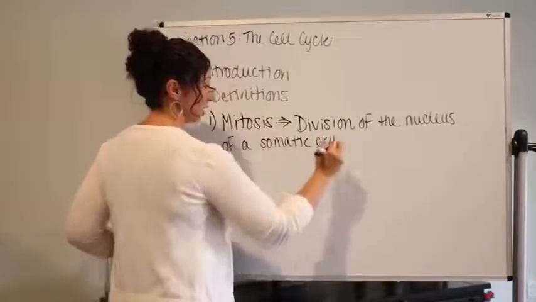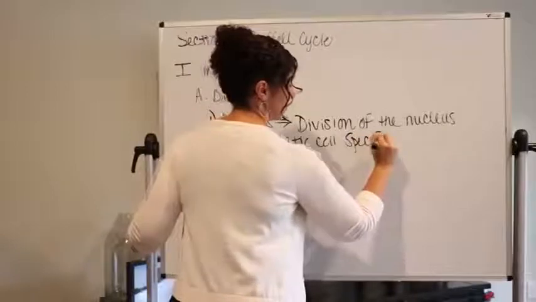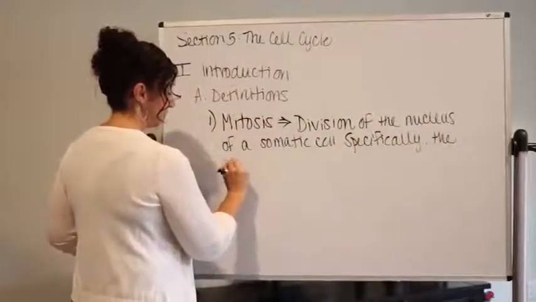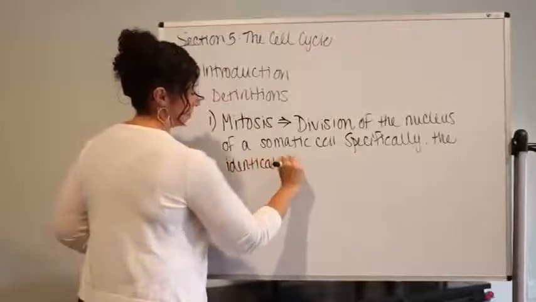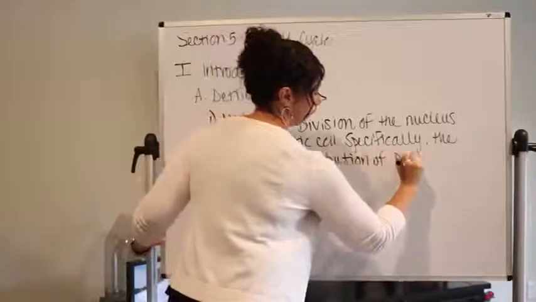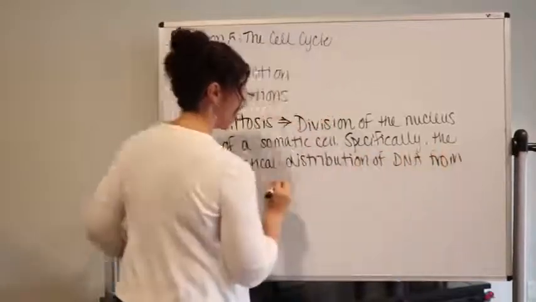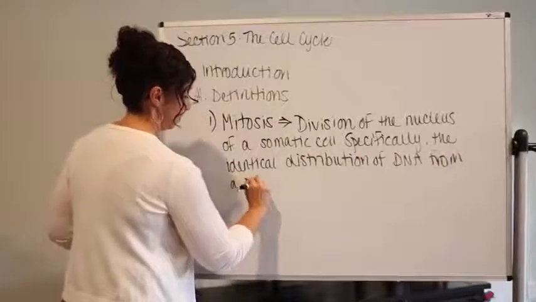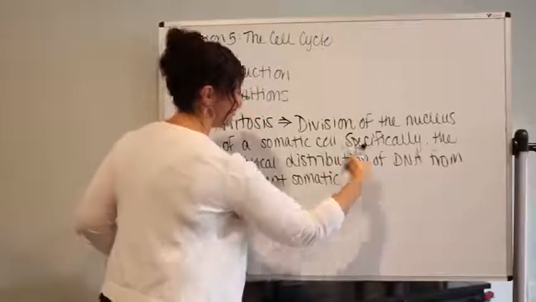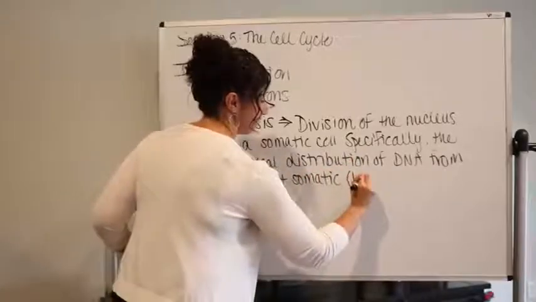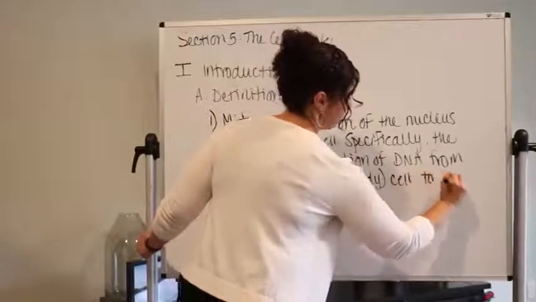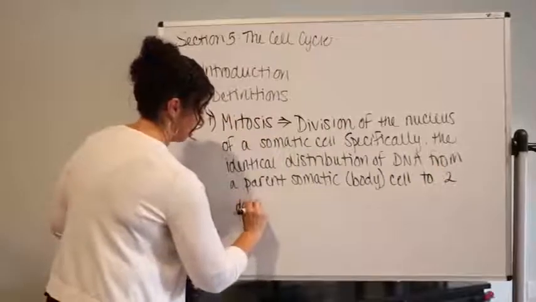And if you want to get specific, which I think you should, specifically, the identical distribution of DNA from a parent somatic cell, and somatic, remember we talked about this here, it's a body cell, to two daughter somatic cells.